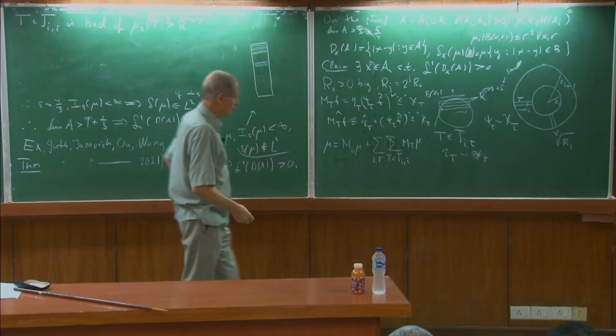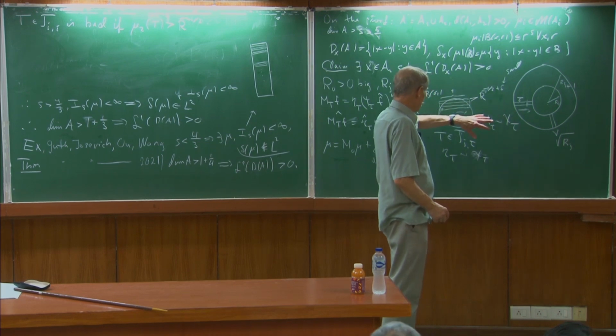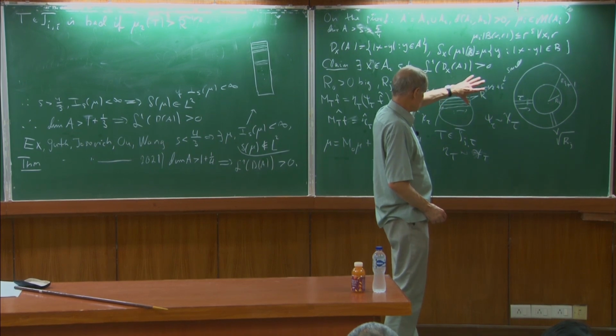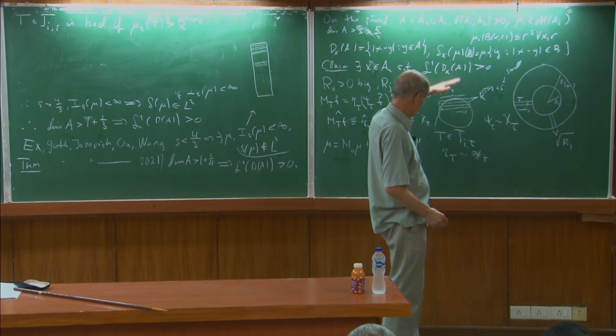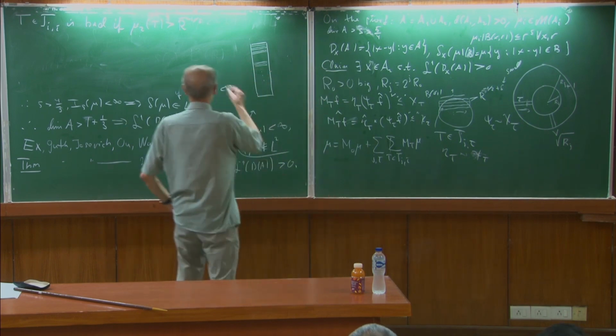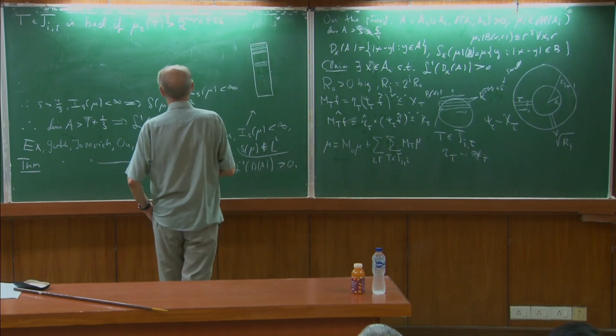So I add here r to the minus half plus delta, and this is somehow the average measure these rectangles have, because there is the length 1 which they span in this direction, and we want it to be bigger than that, so maybe 2 delta or something.